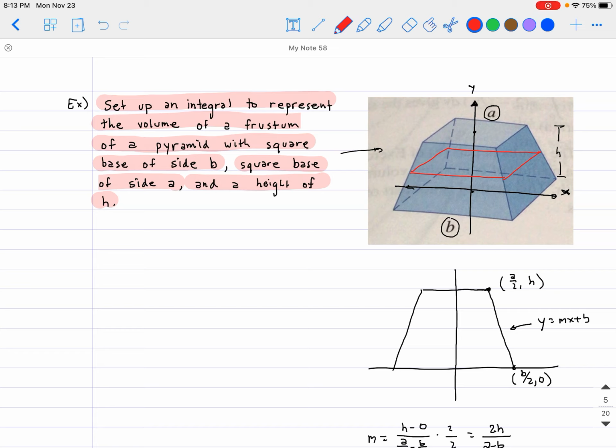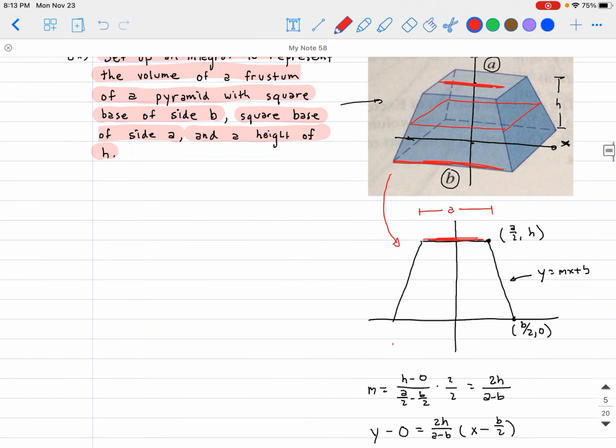All right, so now in terms of how we're going to set that up, we're going to take this 3D picture and convert it into 2D so we can see it a little bit better. The top part over here, that is going to be the top part that's over here. The whole length is A, so that is going to be this part. Whereas the bottom part over here, you can see that the length is supposed to be B, so that's in reference to this part over here.